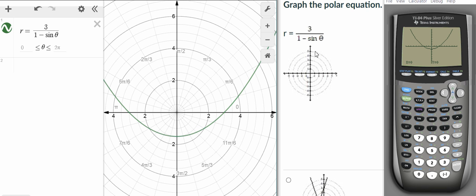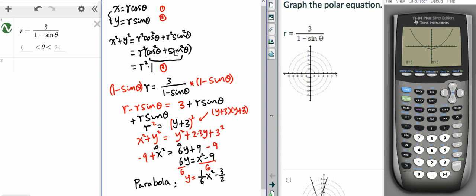How about the algebraic way? Here I'll show you the algebraic way. Again, you want to use 3 identities: x equals r cosine theta, y equals r sine theta, x squared plus y squared is r squared. You first write the equation r equals 3 over 1 minus sine theta.